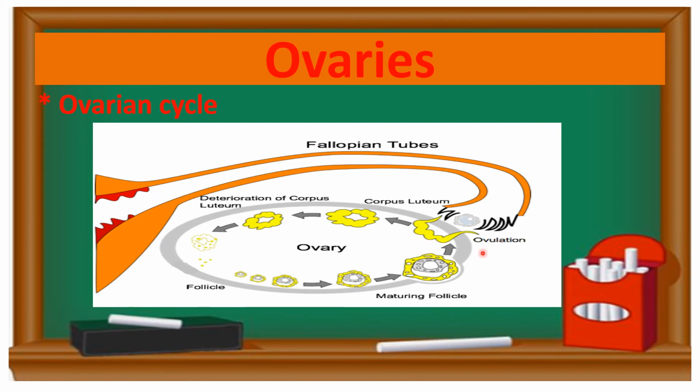This is known as ovulation. And then this follicle will transform into your corpus luteum, which you will discuss later. After that, there will be deterioration of the corpus luteum, or it will disappear.